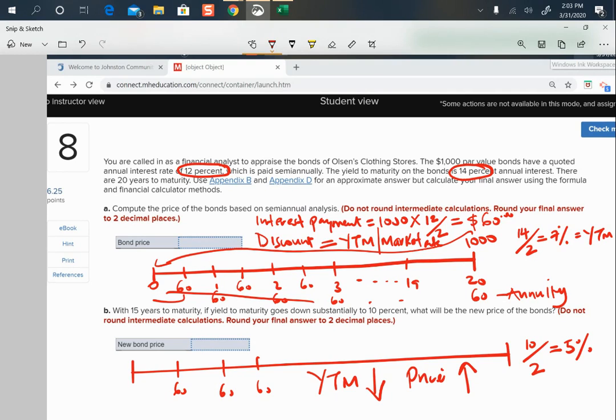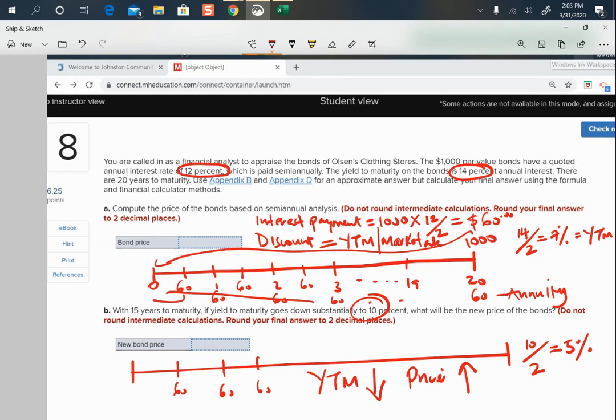As the rate goes down, the price goes up. As the rate goes up, the price of the bond goes down. And in this example, we can see that's the reason, because the rate drops and the price goes up to $1,000 and some change there.